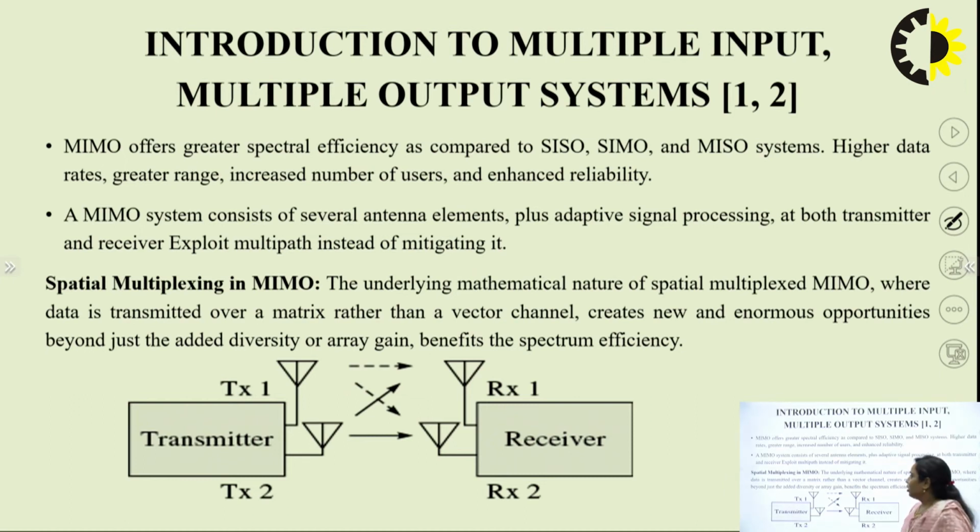MIMO offers greater spectral efficiency as compared to SISO, SIMO, MISO systems, higher data rates, greater range, increased number of users and enhanced reliability. So this is the introduction of MIMO. What do you mean by MIMO?